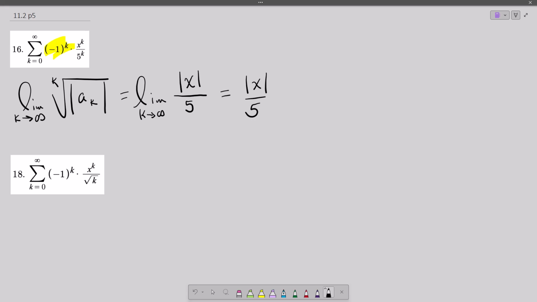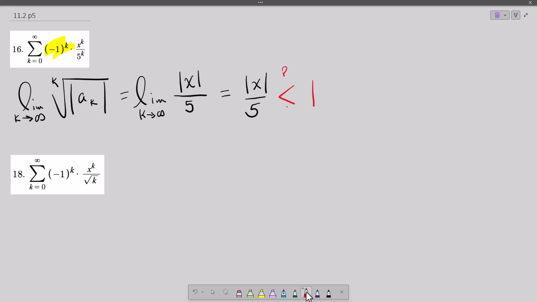Now we do the same thing we always do with the root test or the ratio test. We take our limit and we compare it to 1. For a root test or a ratio test, convergence is when the value of that limit, whether you call it rho or r, is less than 1. That's what we want to know: when is that less than 1?